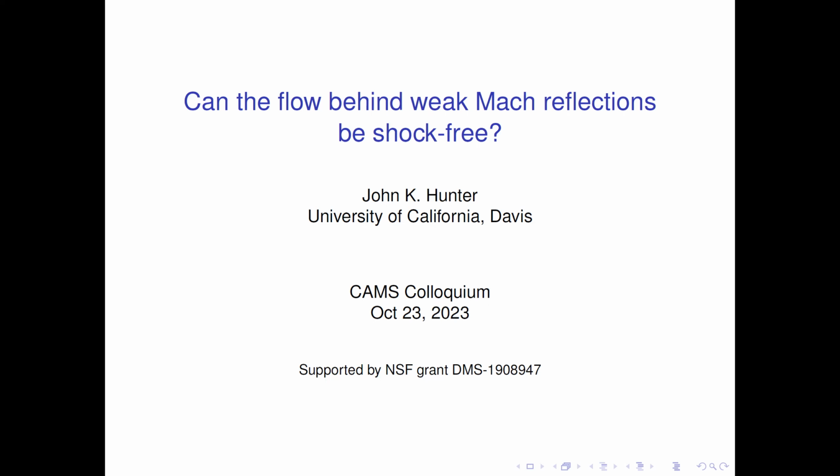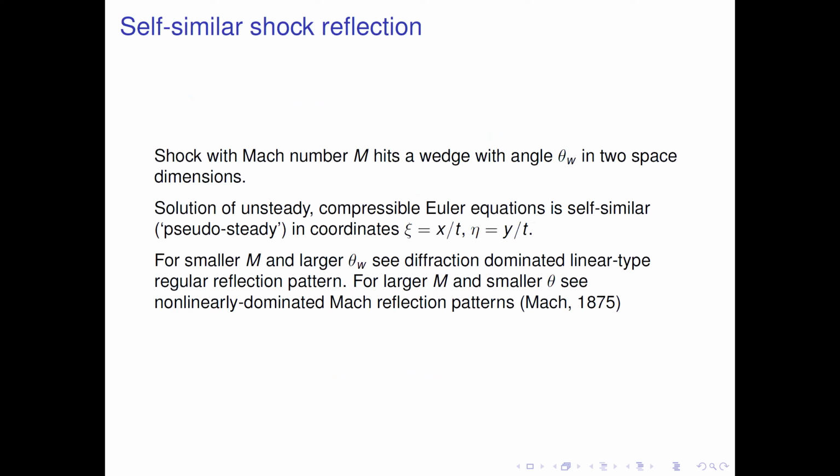So let me just start with a review about shock reflection. The basic shock reflection problem, or one of the basic ones, is self-similar shock reflection. You have a wedge here, maybe with some half angle theta W. You have a shock that comes in, hits the wedge, and then reflects. So at the instant it hits the wedge, you have this sort of picture, and the shock has a certain Mach number.